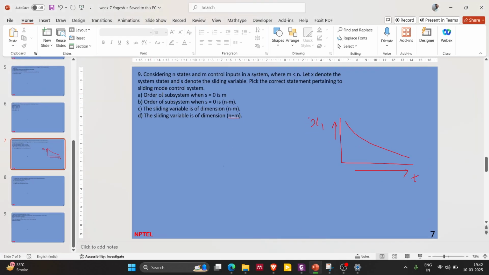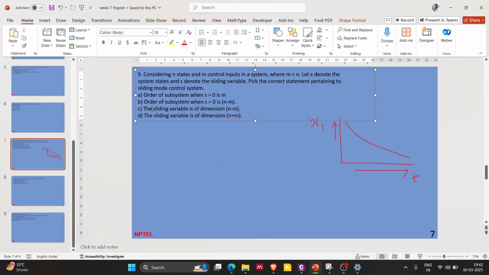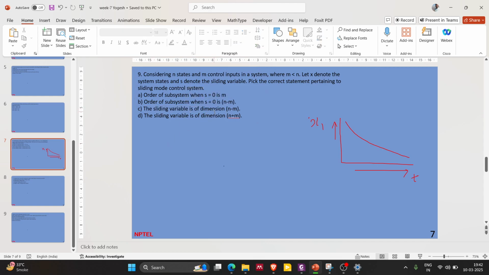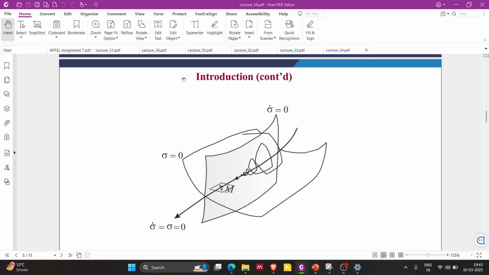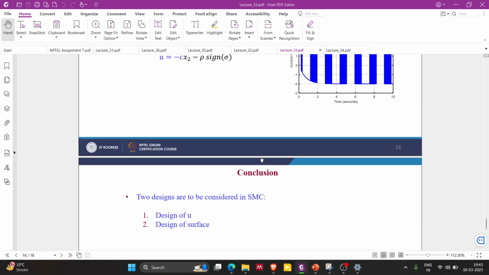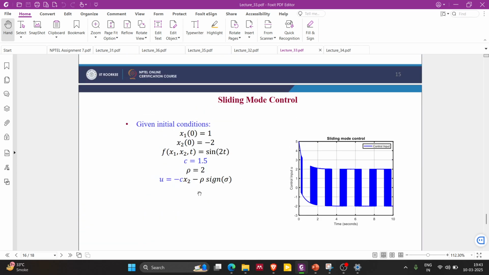So here the sliding variable is sigma, and what will be its dimension? Is it n minus 1 or is it n plus 1? If you look closely, the question given as an example in lecture 33 has only one sigma, and this sigma is basically n minus m.